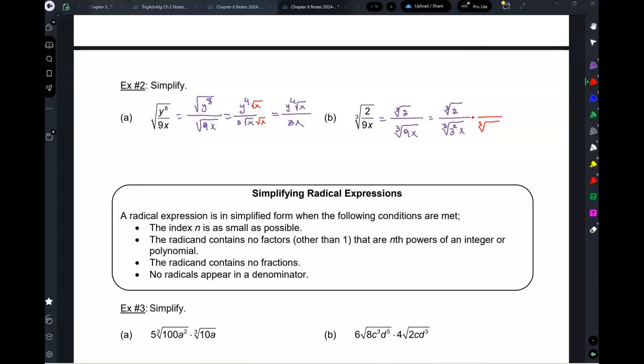Let's look at the 3's. How many 3's do I need to put in here? 1. And how many x's? 2. So cube root of 3x squared.